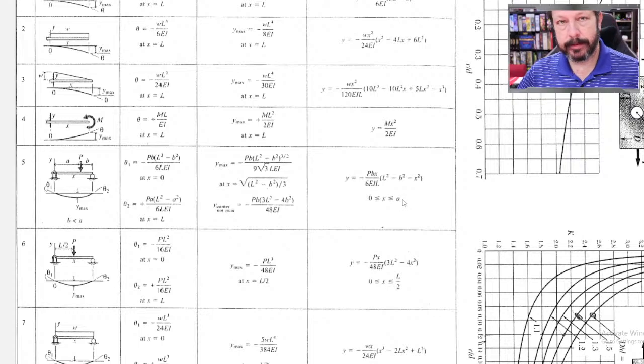So this version only gives us equations that we can plug in values from 0 to a. I think the other, clearer chart gives you 2 different equations: one for 0 to a, the longer length, and another for b to L, the shorter length of the beam.